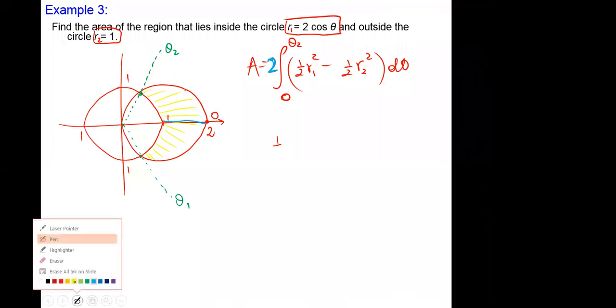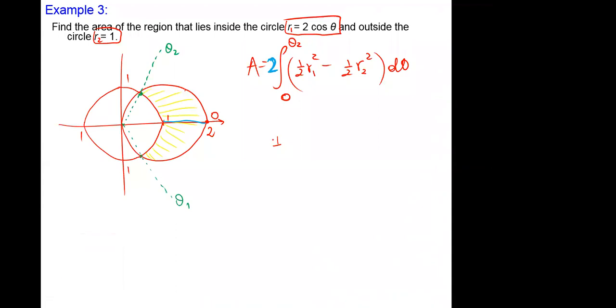Right, because you can see my limit is 0. That means 2 times 1/2, 1/2 is outside. Longer is 2 cosine theta minus 1 again.